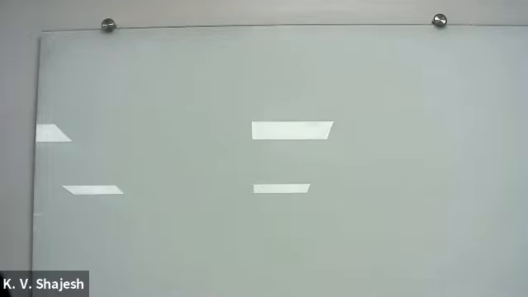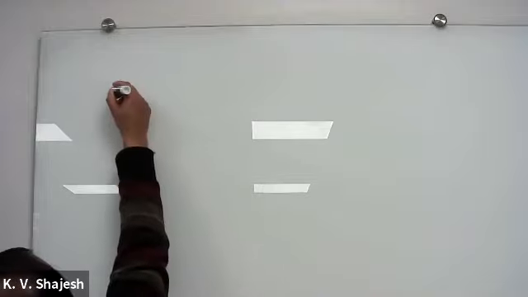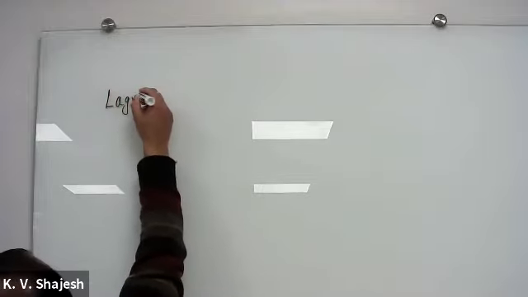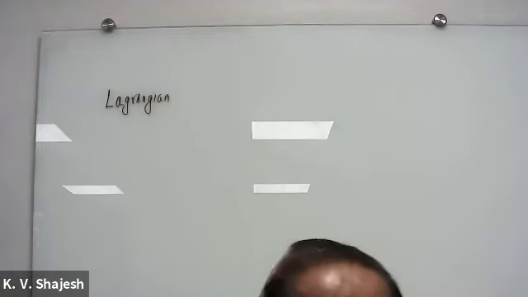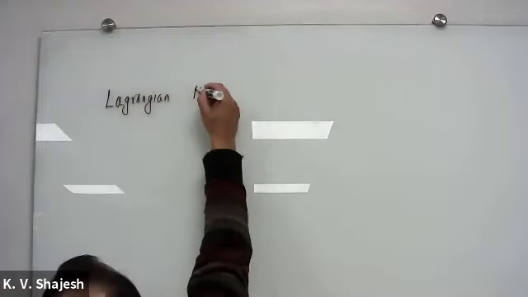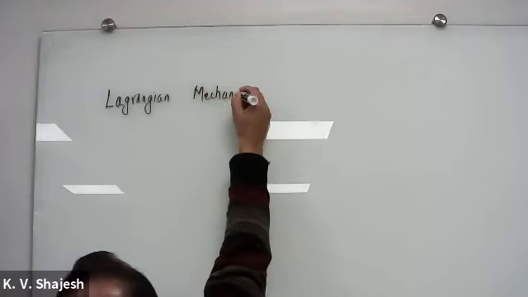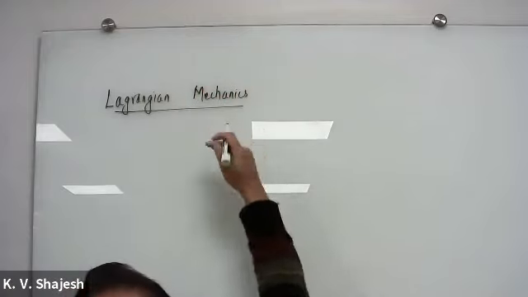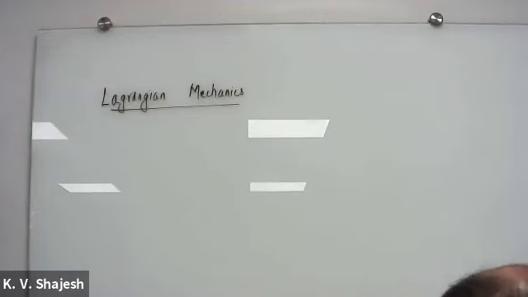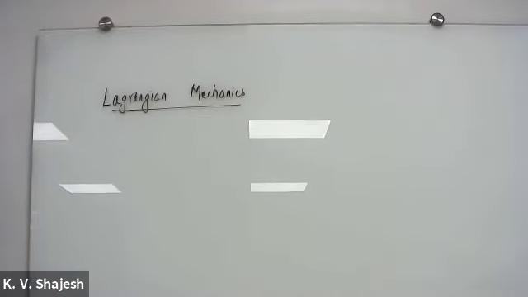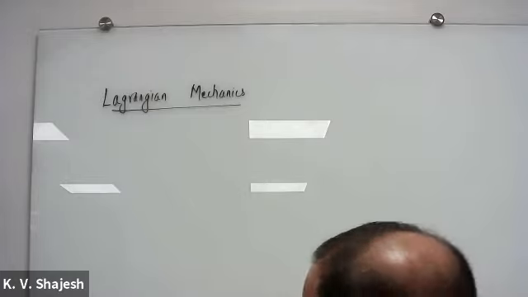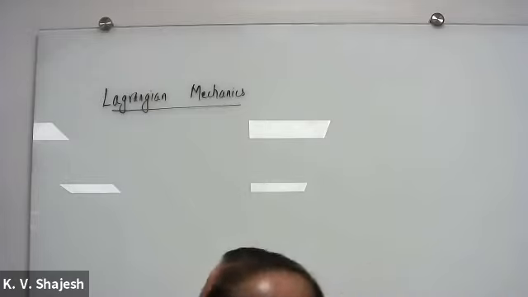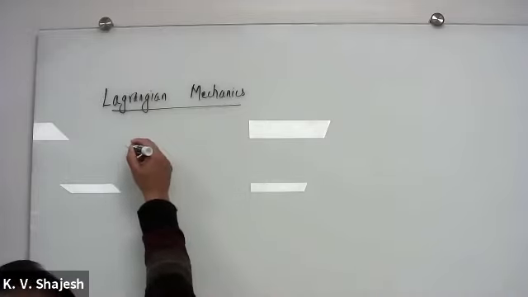So, let's call what we are doing Lagrangian mechanics. I'm not sure whether that's what it's called. Lagrangian mechanics, versus Newtonian mechanics. So instead of starting from Newton's equation, we start from the Lagrangian. The idea we set was that given any system, we had to first try to write the Lagrangian.